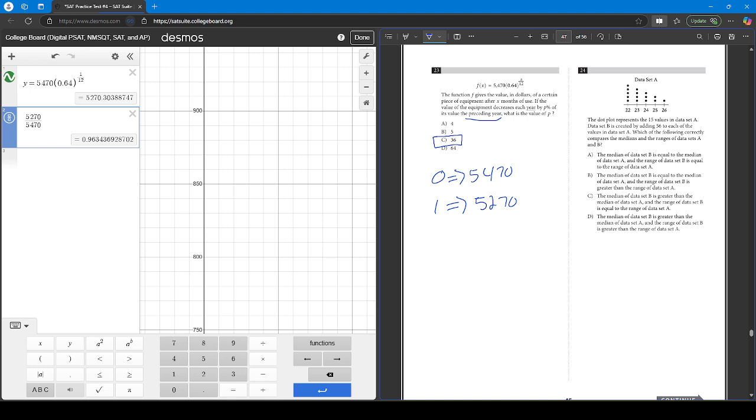And then number 24, the dot plot represents the 15 values in data set A. Data set B is created by adding 56 to each of the values in data set A. Which of the following correctly compares the medians and ranges of data sets A and B?